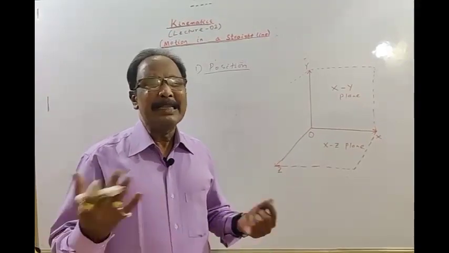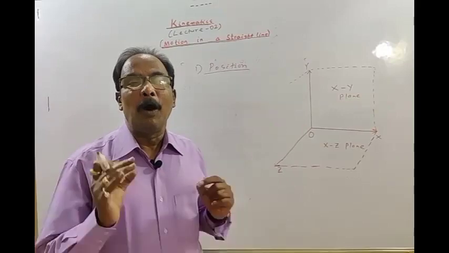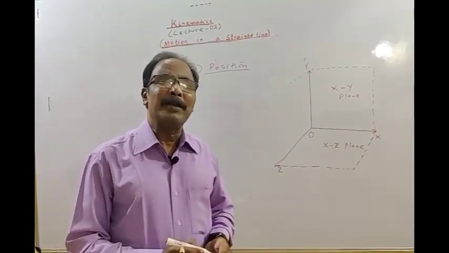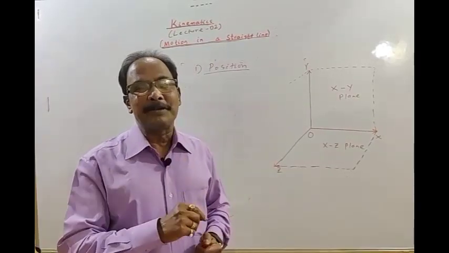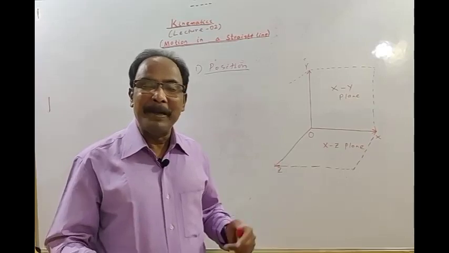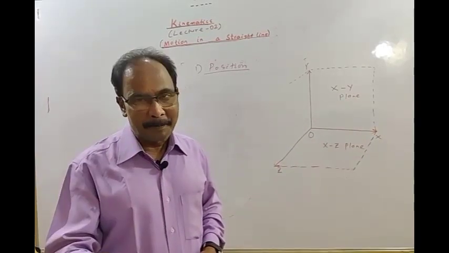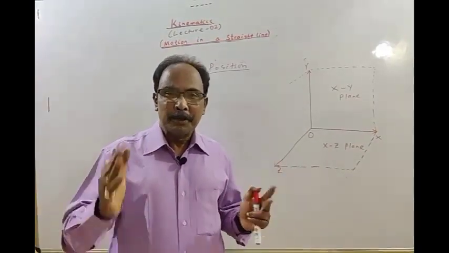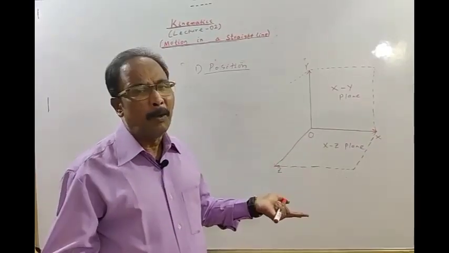It is location with respect to a reference point or origin. In the past lecture, I discussed that the state of rest or motion depends upon the observer and frame of reference, and the observer always relates the position with respect to a reference point, meaning the origin.